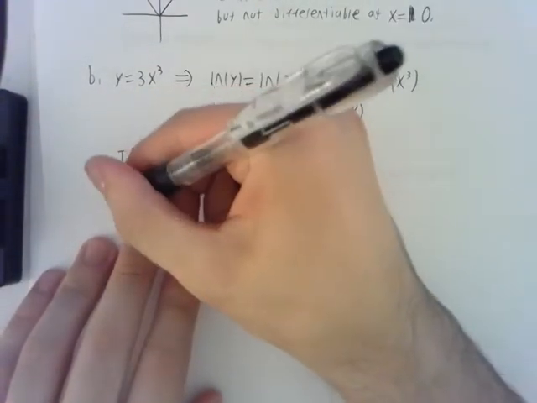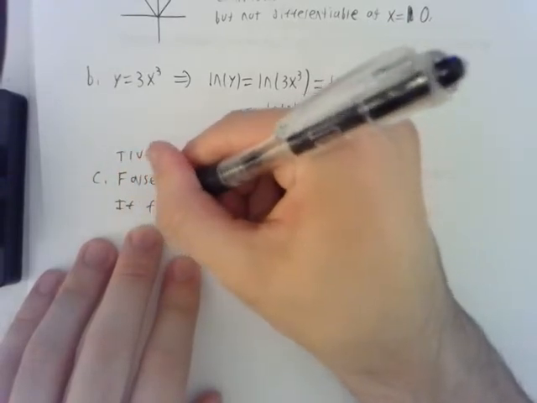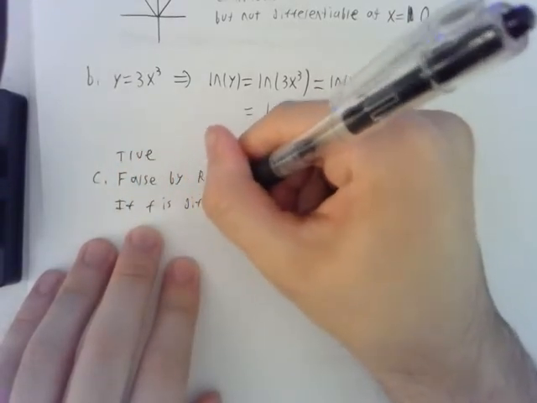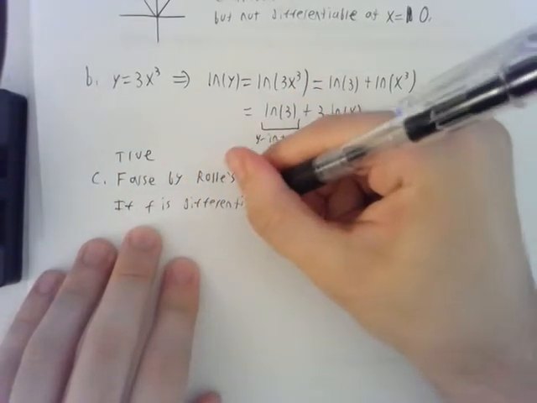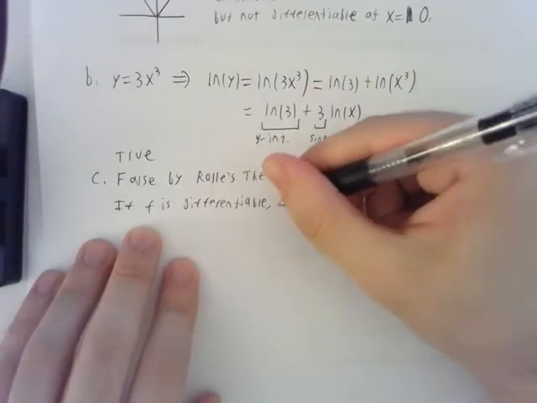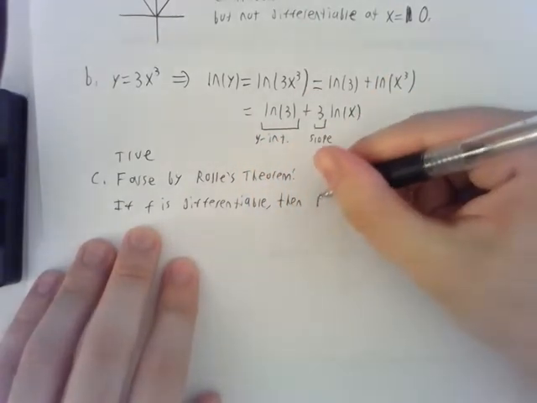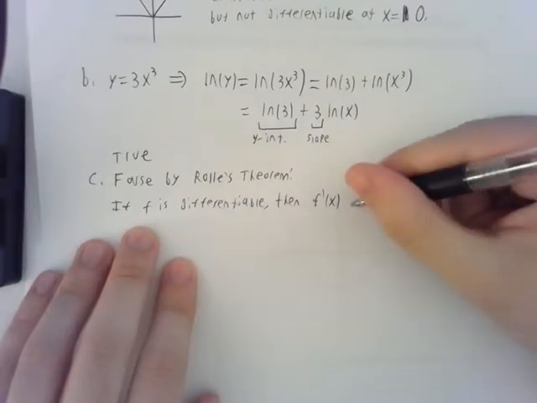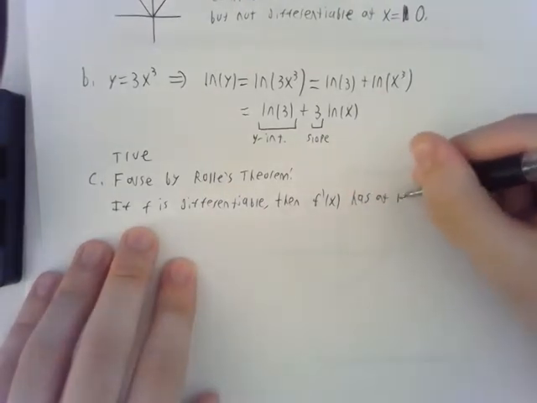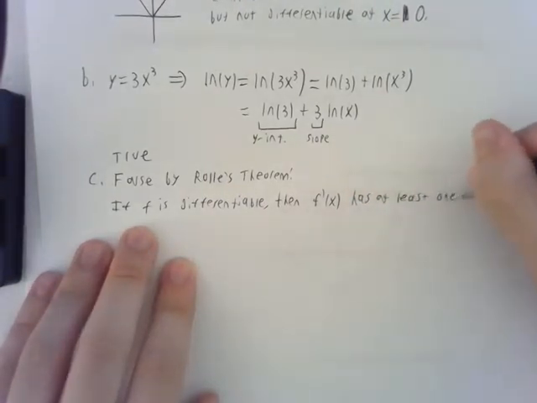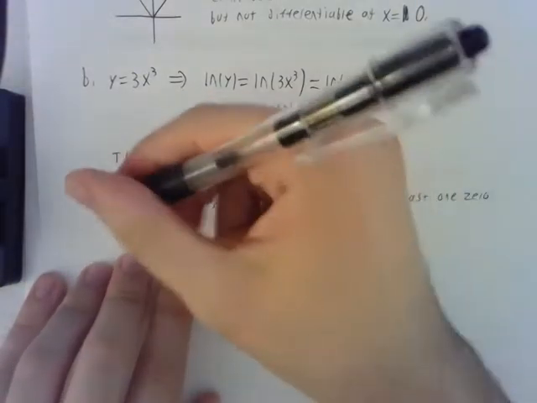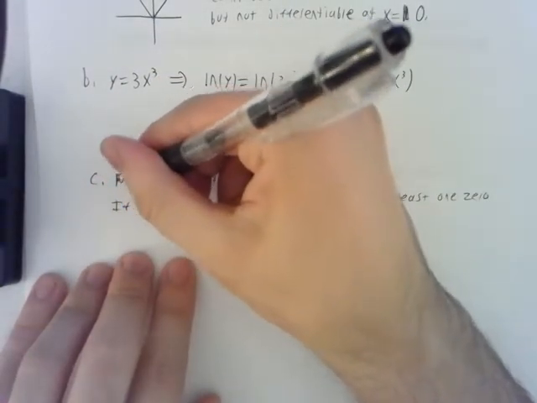So Rolle's theorem says if f is differentiable, then f prime of x has at least 1 zero. Wait, what am I saying? True by Rolle's theorem.